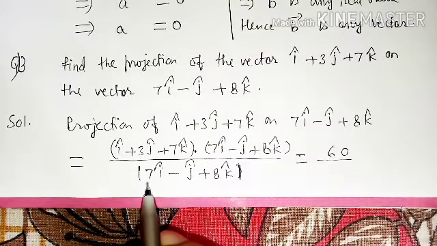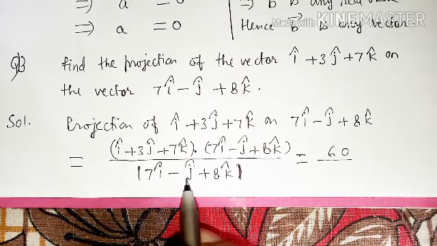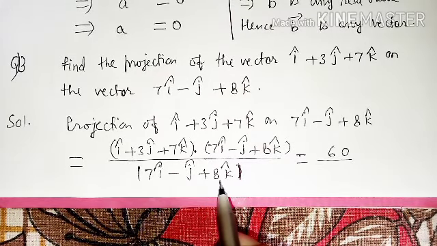Here the square root of 7 square 49 plus minus 1 square 1, 50, plus 8 square 64, 50 plus 64 is 114.